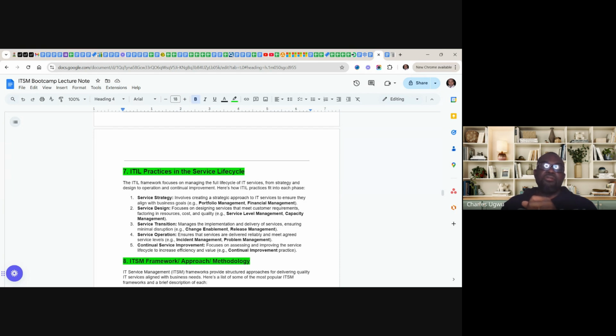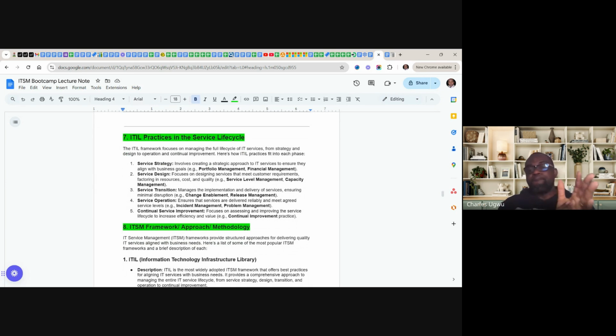These are stages. Finally, we're going to look into the different frameworks you can use in ITSM.